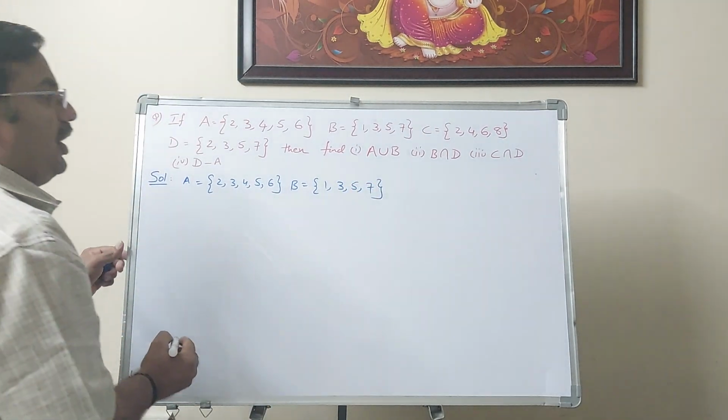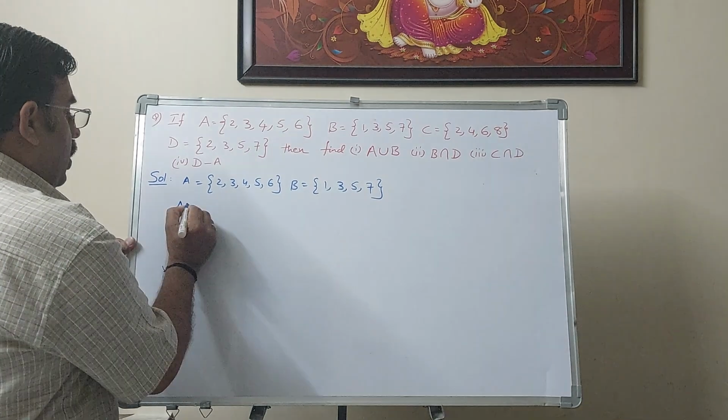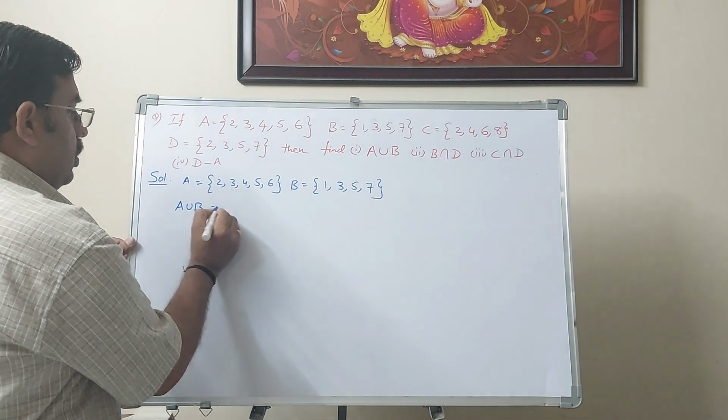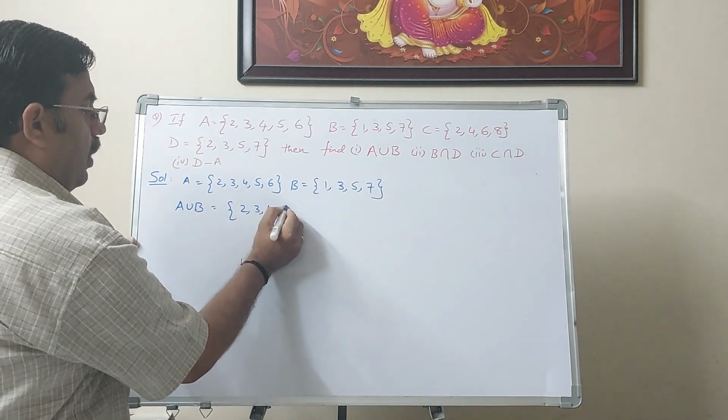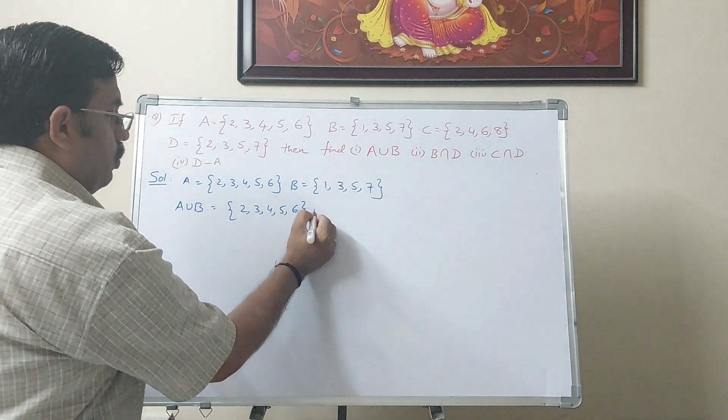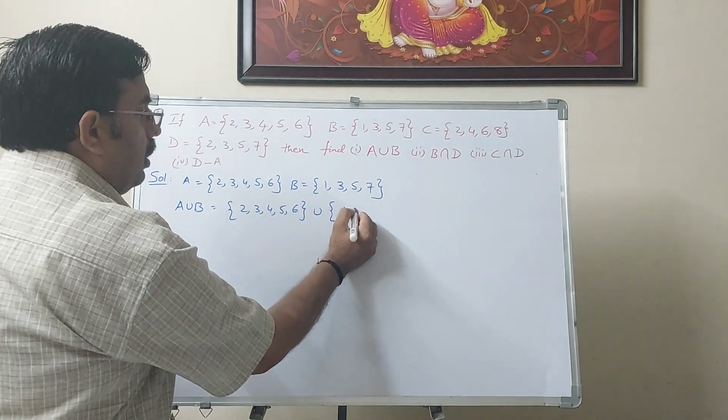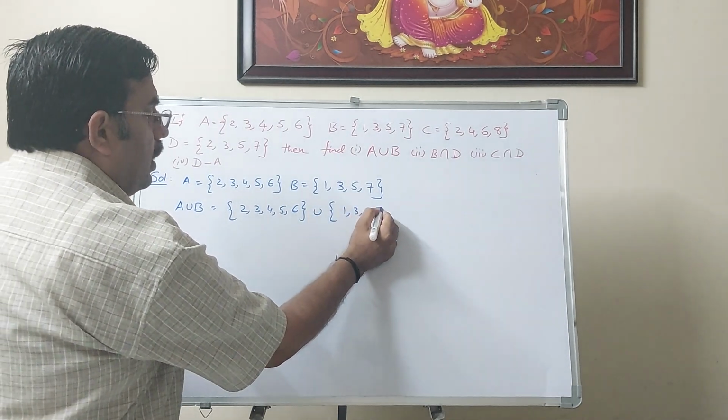First one I am doing is A union B. A union B is equal to {2, 3, 4, 5, 6} union {1, 3, 5, 7}.